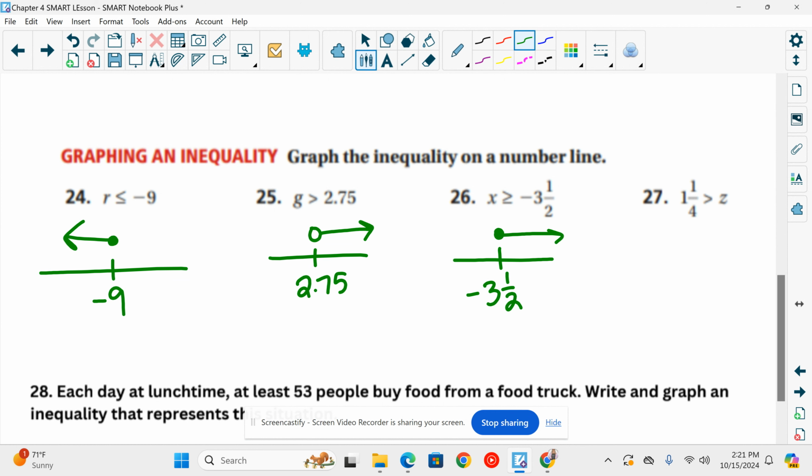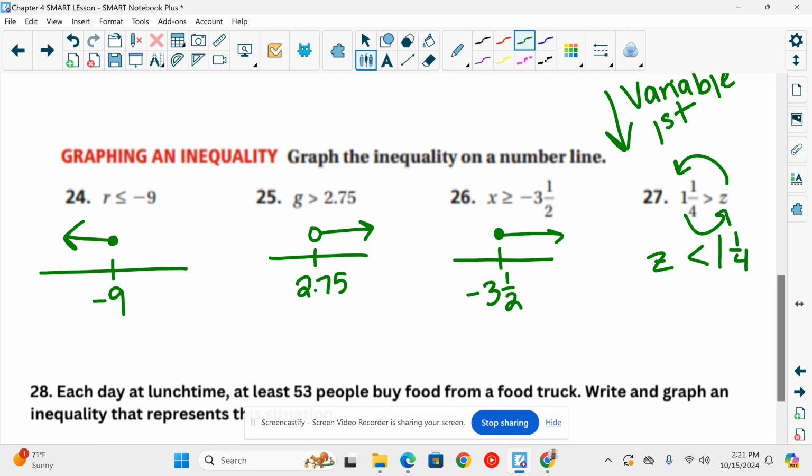And guys, when you're doing your IXLs tomorrow, I guarantee you're going to forget this. So this is why you need to look back at your notes. This is one you need to pay attention to. We want the variable first, and I would write this down: variable first. So we're going to swap the sides. If we swap the sides, we have to swap the signs.